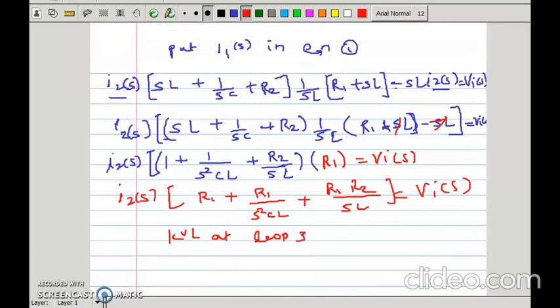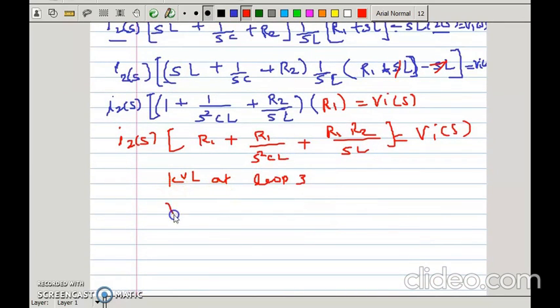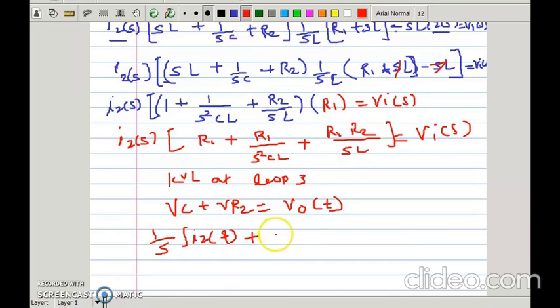Okay, so VC plus VR2 is equal to V of t. What is the VC? It is 1 upon C integration of I2 of t plus R2 I2 of t is equal to V of t, right?